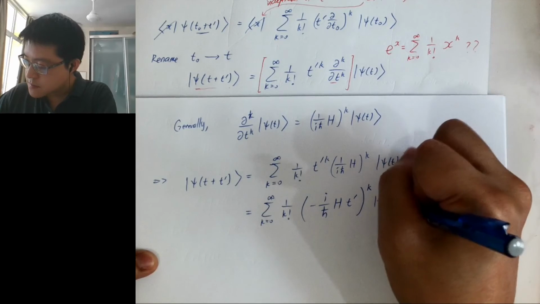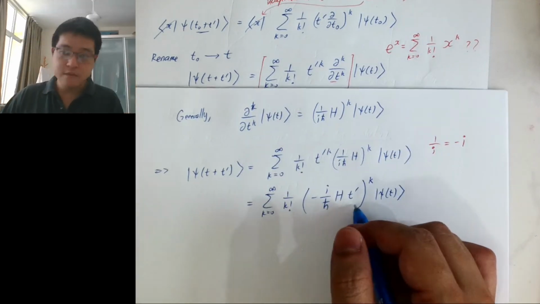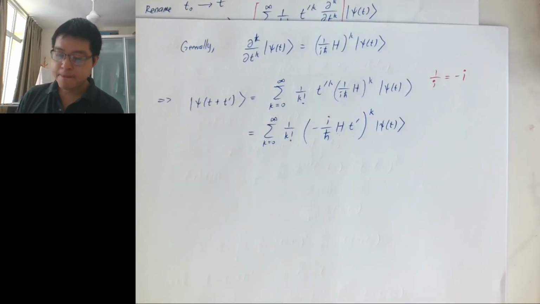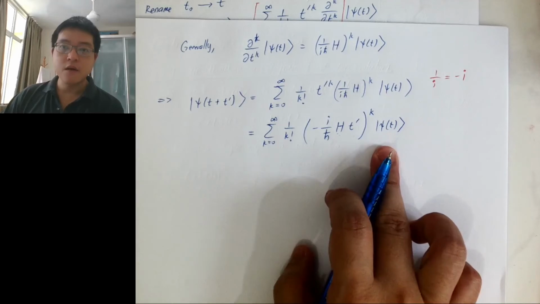Okay, the t I can move anywhere I want because t is just a number. It's not an operator. There's only one operator here, and it's to the power k. Okay, so this is an operator acting on the state.